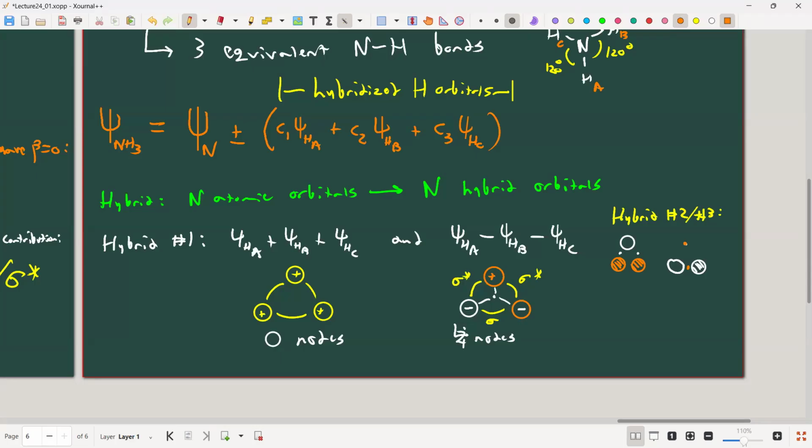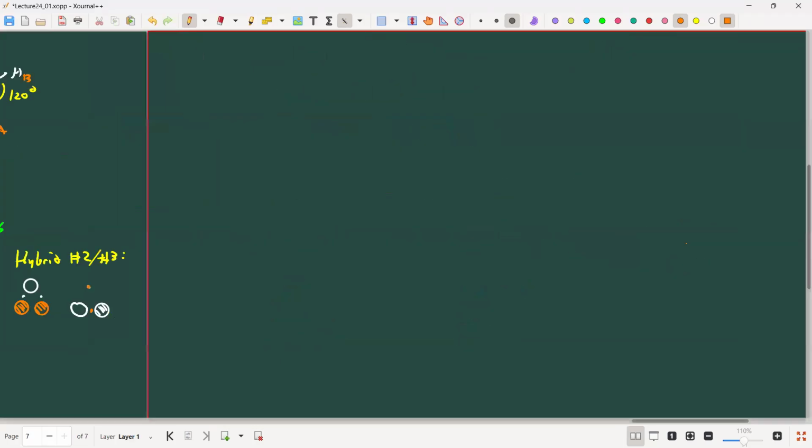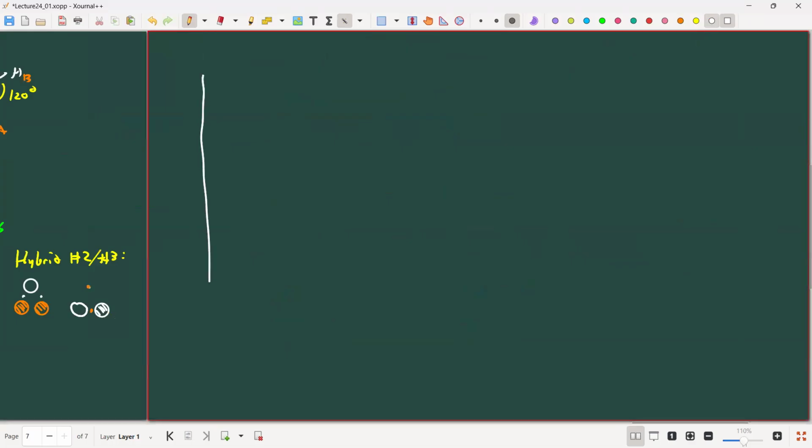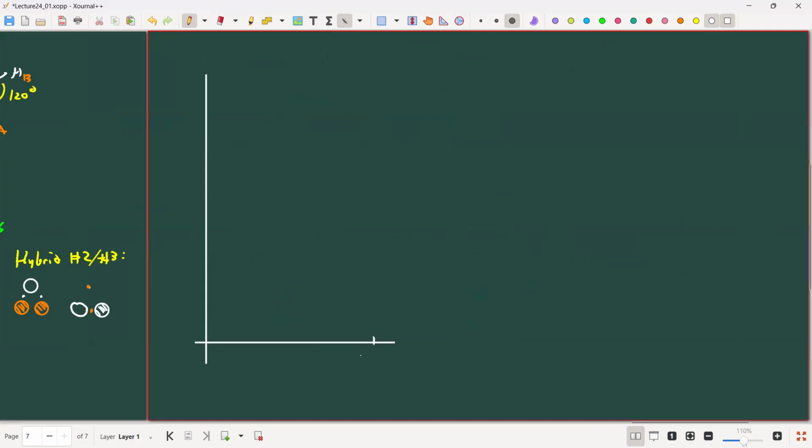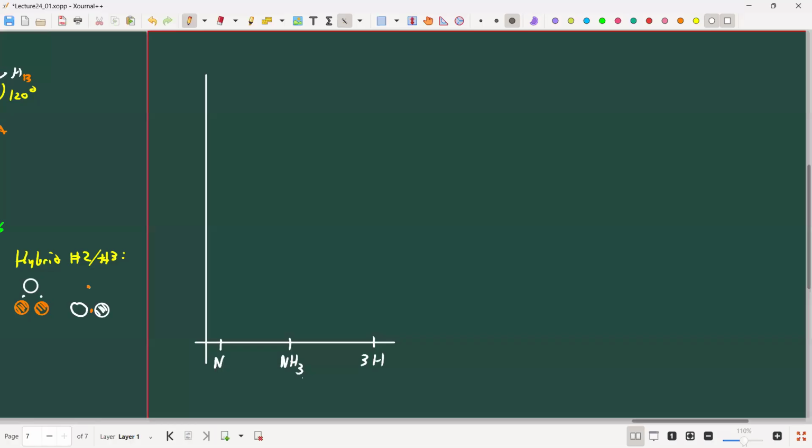We get 3 AOs, we get 3 MOs out. So I'll go ahead and write that. So let's go ahead and draw our diagram. So here's our 3 H's, and here's our nitrogen atom, and here's NH3. I'm just going to skip the 1s because we know that the 1s doesn't matter.